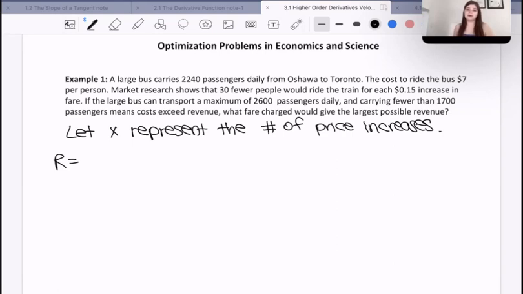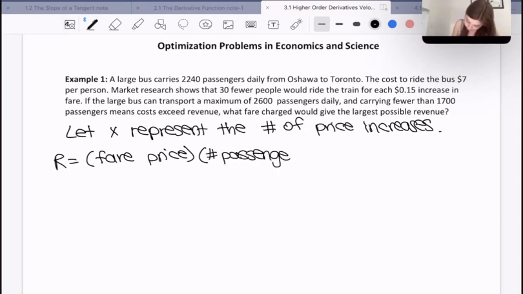Well, excluding taxes, they make the fare price. And how many times do they make that? That depends on how many passengers they have, so times the number of passengers, right? If they have 50 passengers, they make the fare price 50 times. If they have 100, they make the fare price 100 times, and so on.